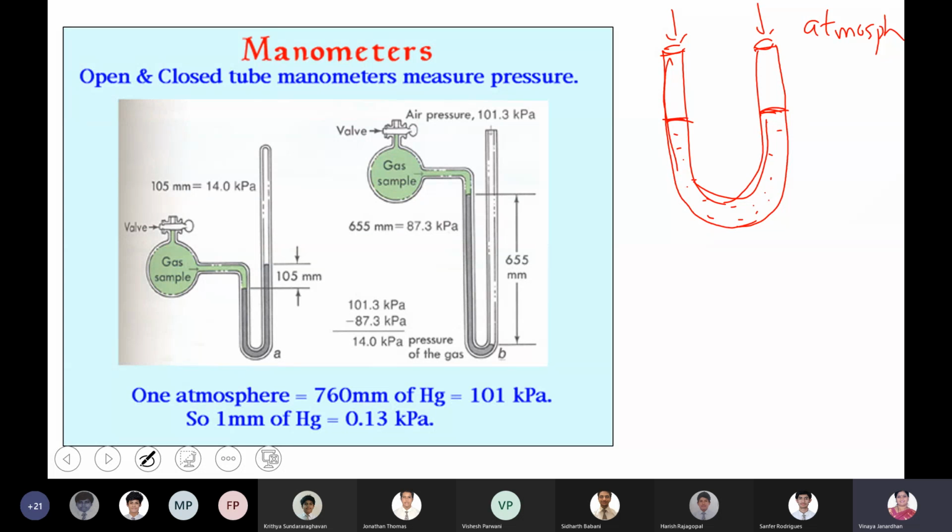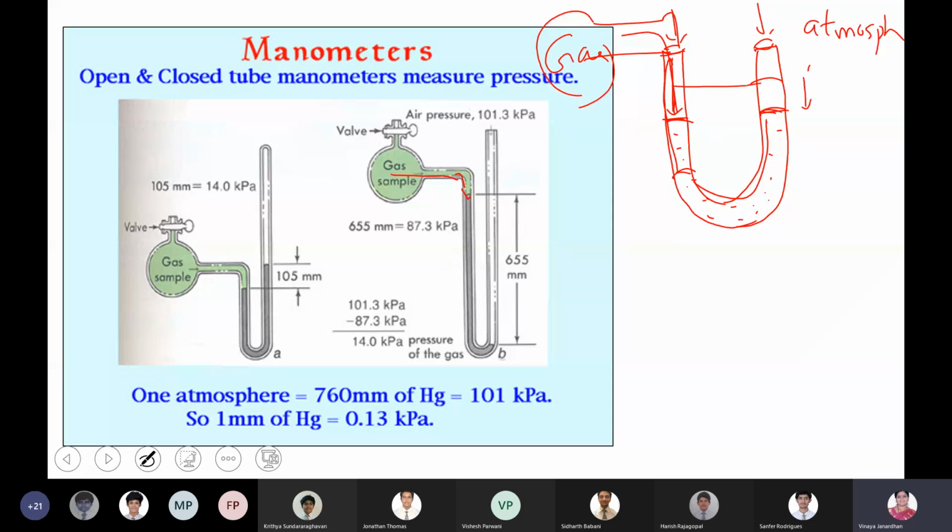Now, when this manometer is connected to a chamber which consists of a gas, what happens? The gas will exert a pressure on one of the liquid columns. Suppose this end is connected to a gaseous chamber. The gas will exert a pressure on this column of the liquid, so this column goes down and the other column of liquid will rise up.